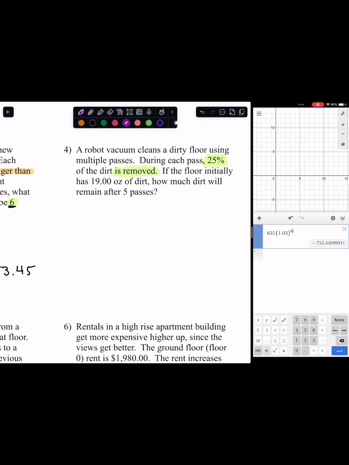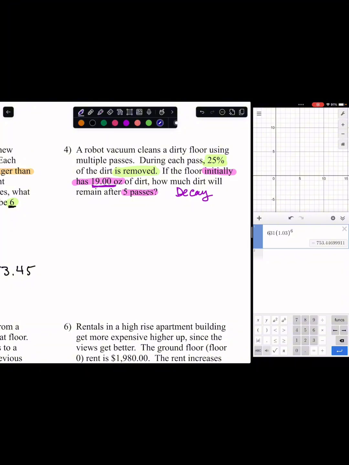Removed means that's a decay because it's going down. If the floor initially had 19 ounces, and you see the word initially, that's our starting point, 19 ounces of dirt. How much dirt will remain after 5 passes? That's our time.